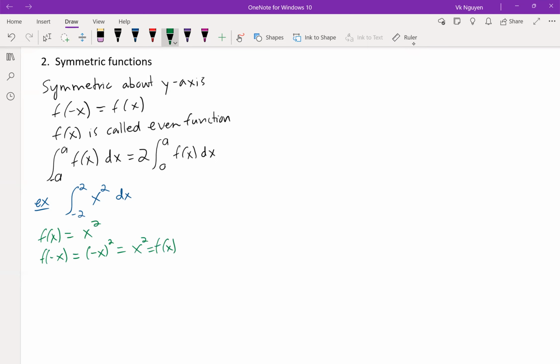So it is an even function, and therefore the integral is the same as 2 times the integral from 0 to 2 of x squared dx, which is 2 times the antiderivative of x squared, x to the power 3 over 3, from 0 to 2, and we have 2 times 8 over 3 minus 0.